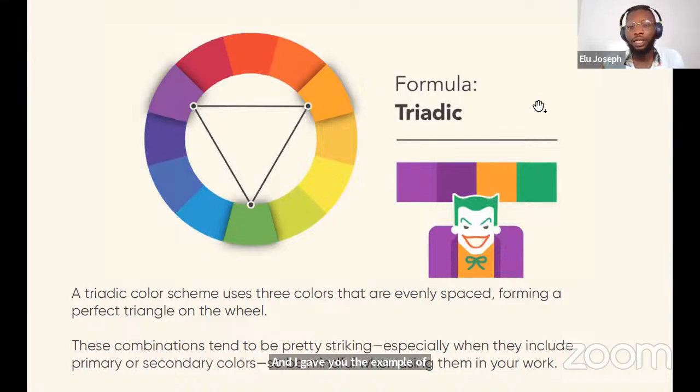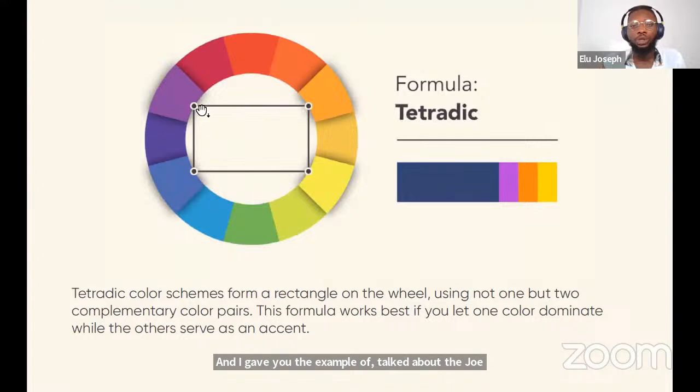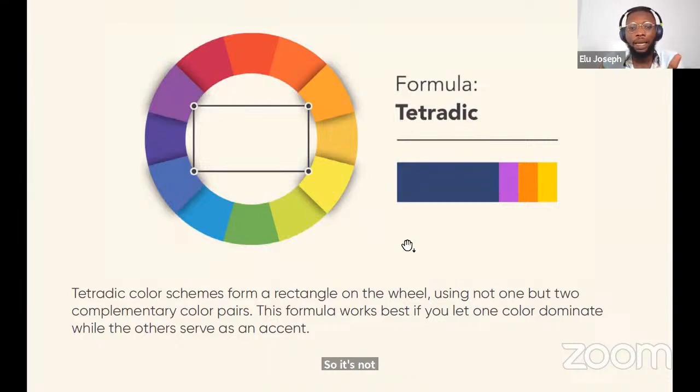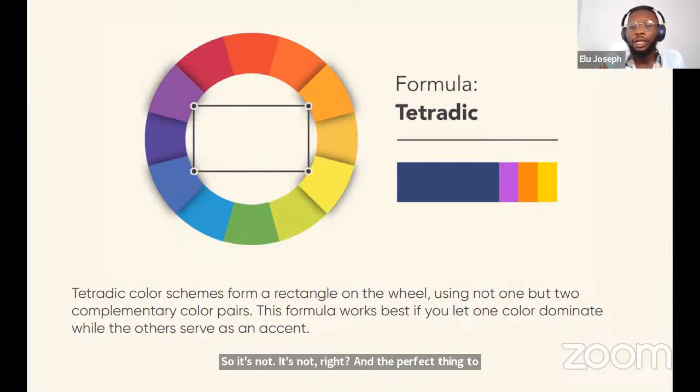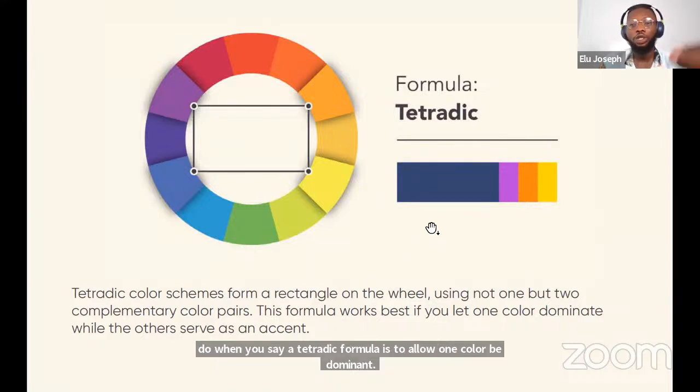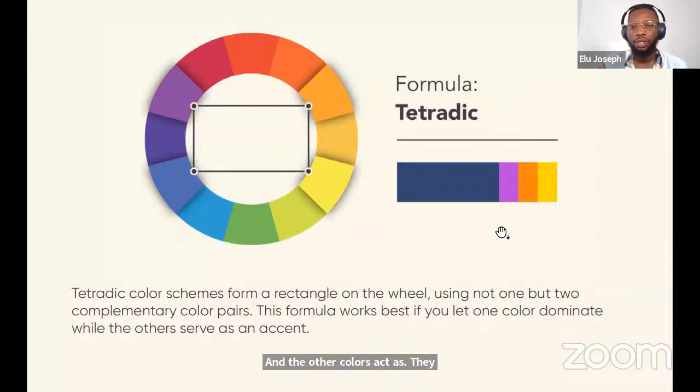Now he's a funny character. And then tetradic. And I remember drawing this rectangle to fit into the different sizes you could get, so it's not rigid, right? And the perfect thing to do when using a tetradic formula is to allow one color to be dominant and the other colors act as a touch of themselves.